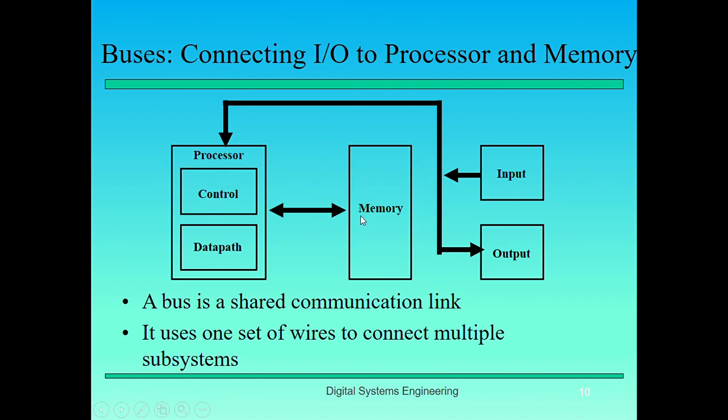We have three different types of buses: data buses, address buses, and control buses. We already discussed these system buses in our previous lecture, so if you have any problem, please go to our previous lecture.